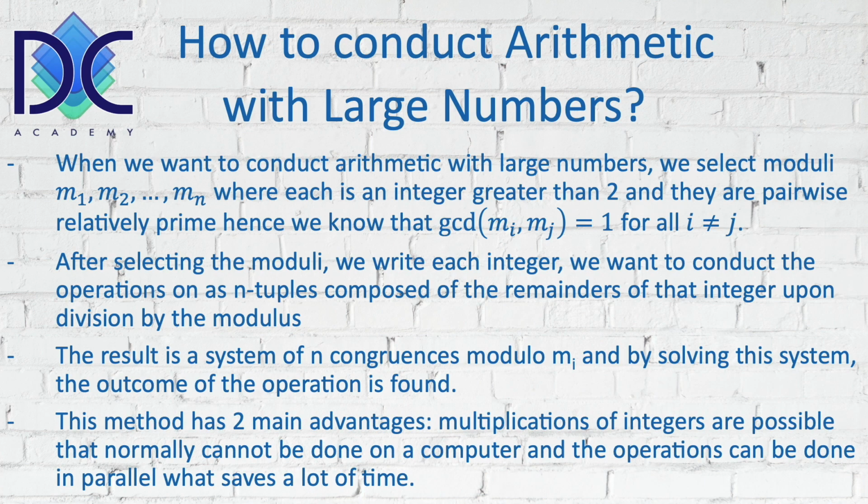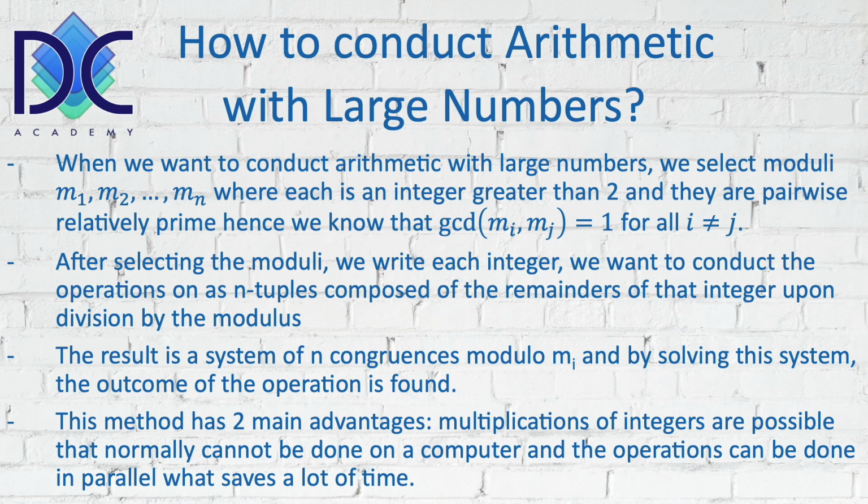Now, there are two main advantages of these systems. We can do multiplications or operations on integers that are possible with this method, which normally cannot be done on a computer.